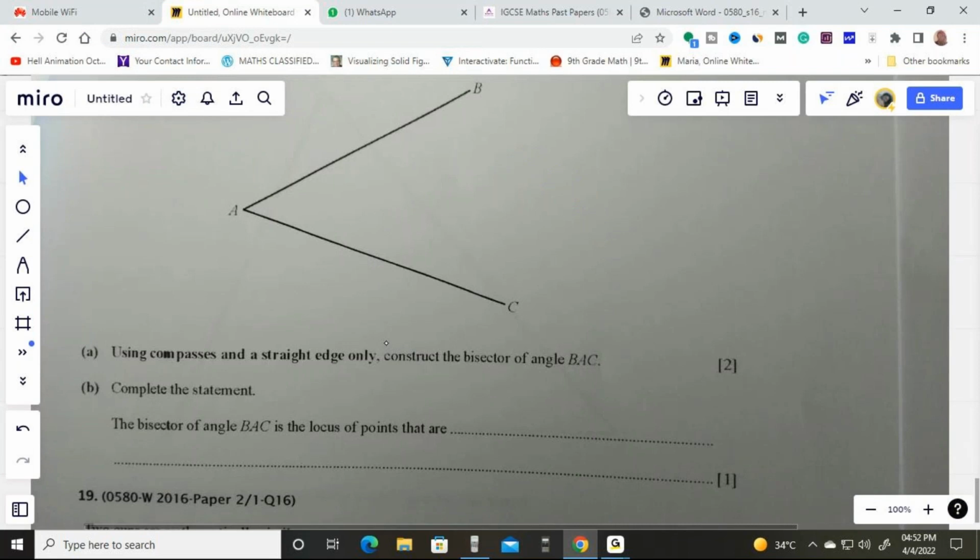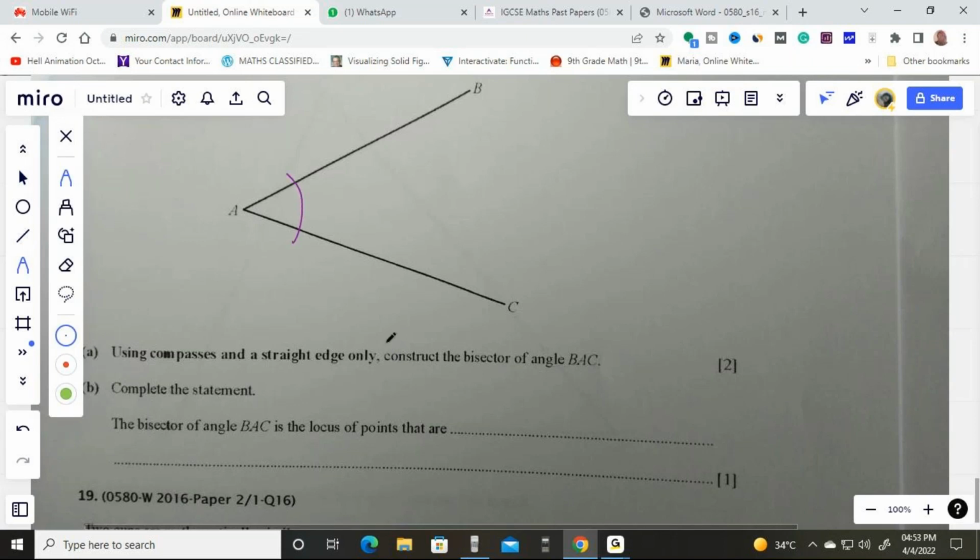Here they have given you 2 lines connected together, and in part A they were asking us to construct the angle bisector of angle BAC, and then in part B they're asking you to complete the statement that the bisector of angle BAC is the locus of the points that are whatever. You need to fill up this blank. So for that purpose I need to construct here an angle bisector.